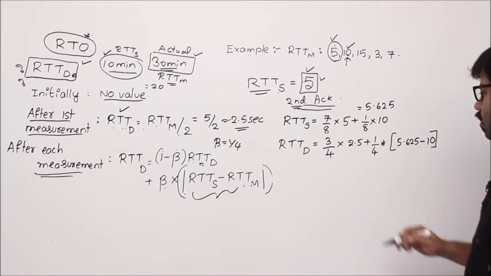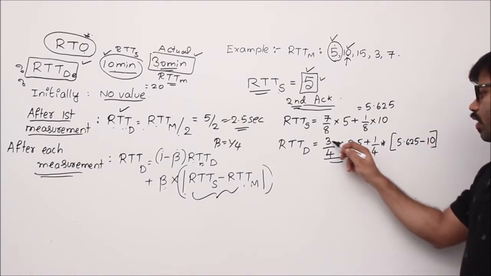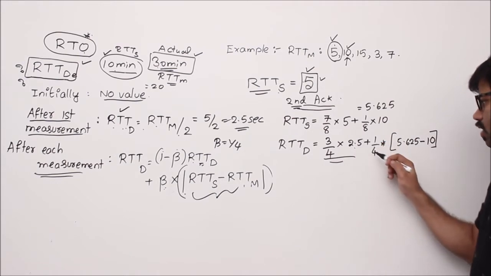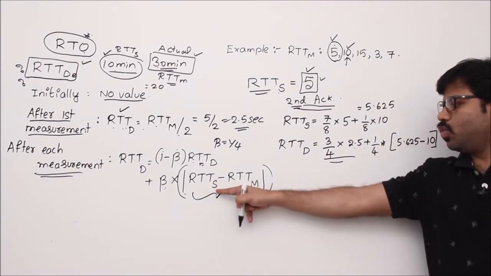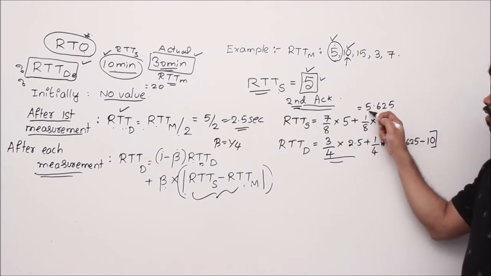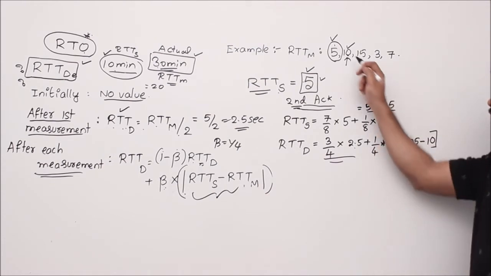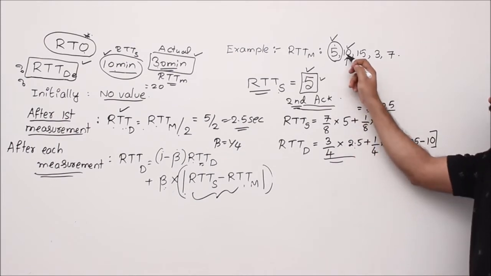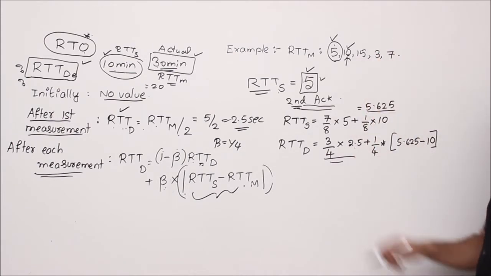Okay, we know this one: 3 by 4 into old RTT deviation plus 1 by 4 into RTT smooth minus RTT measurement. So what is RTT smooth currently? 5.625, after getting this 10, the acknowledgement for the second packet. What is the RTT measurement for the second packet? 10.